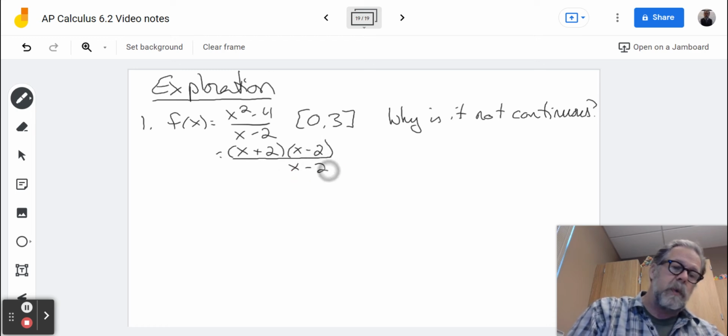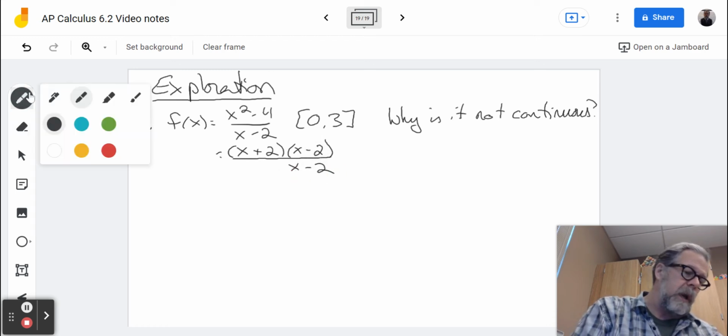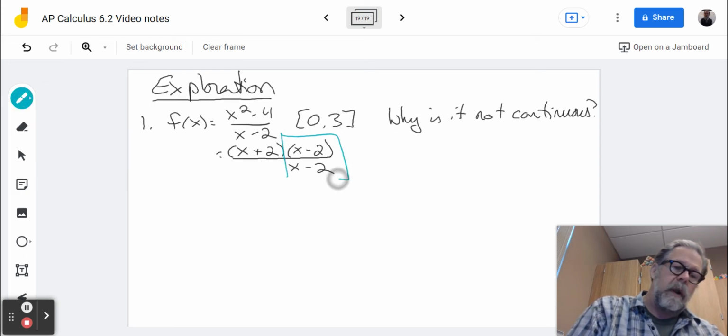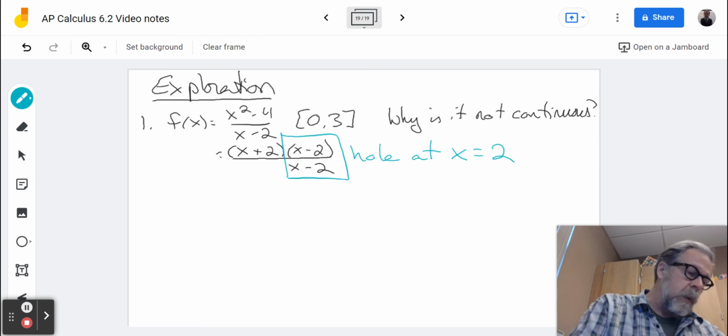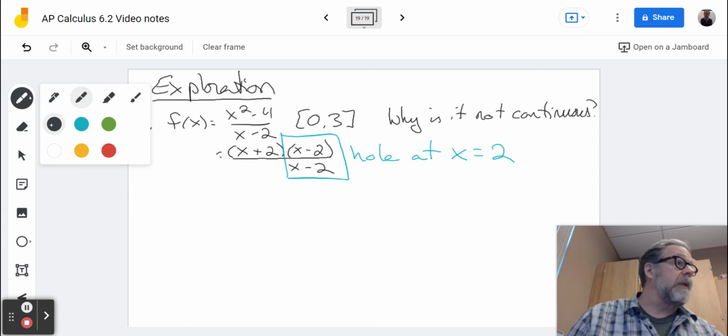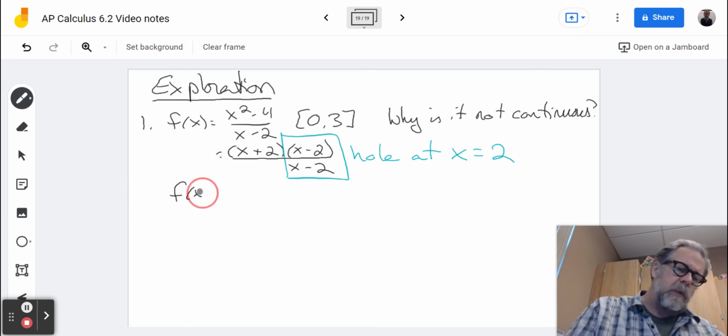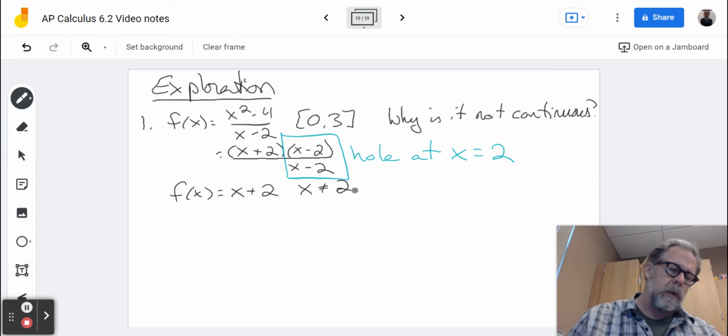And an x minus 2 on the bottom, and of course we know that that thing right there is a hole in the graph at x equals 2, which means that we have a removable discontinuity. So what does this equation or graph look like? Well, f of x is equal to x plus 2, except when x is equal to 2.